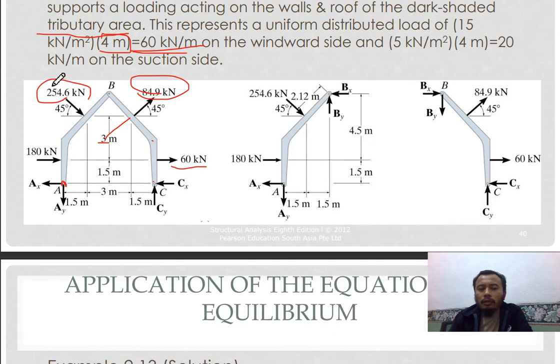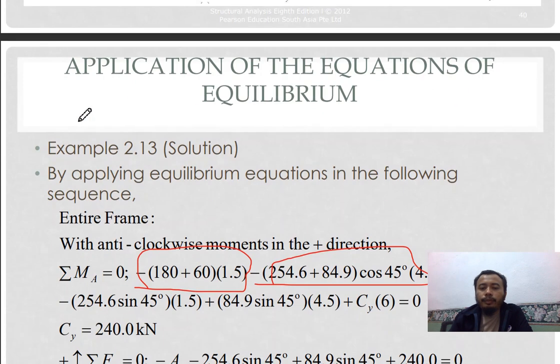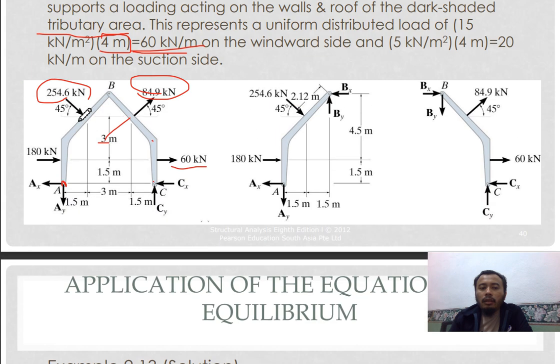the forces and angle here to 254.6 and 84.9, because the moment at A will be cos 45, and the moment arm is 4.5, 3 plus 1.5. So the moment arm is 4.5. You use trigonometry here, cos 45.